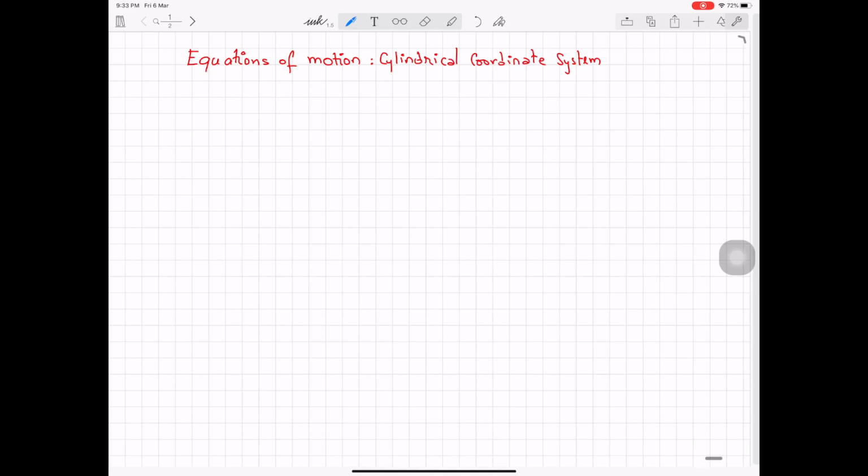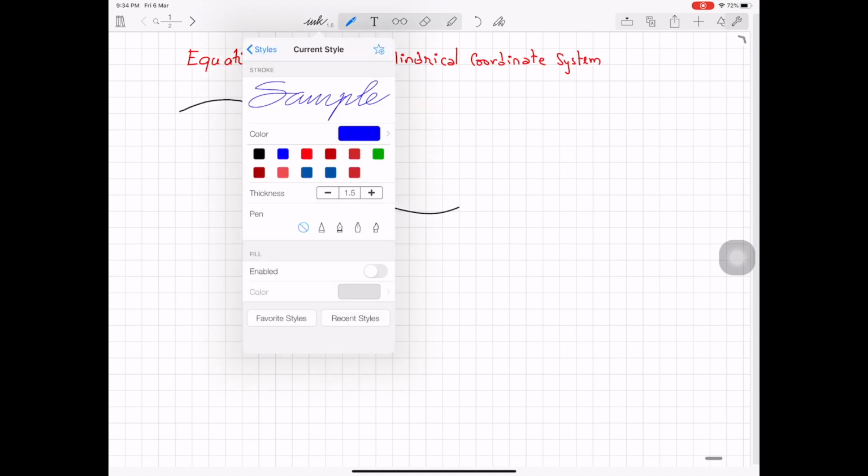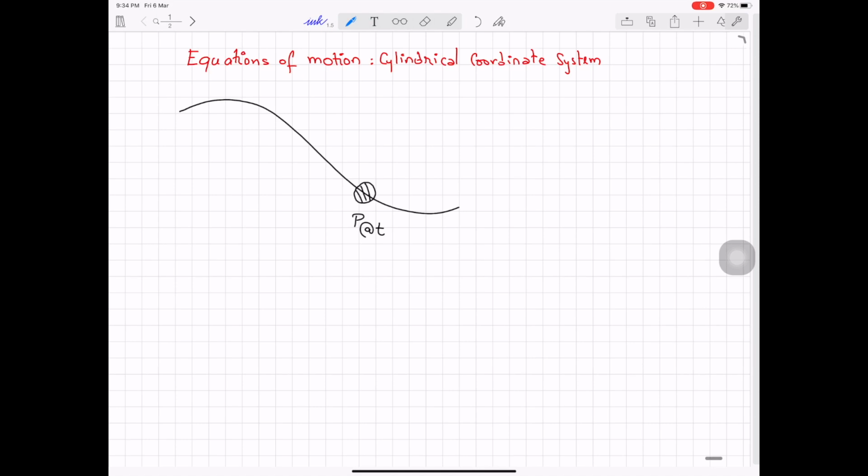So assume that we have a particle that is moving following a certain path, and at some time the particle is located, let's say, here. So this is the position of the particle at any time t. Of course, this is what we call the path. Now the position of the particle has to be given with respect to some reference.